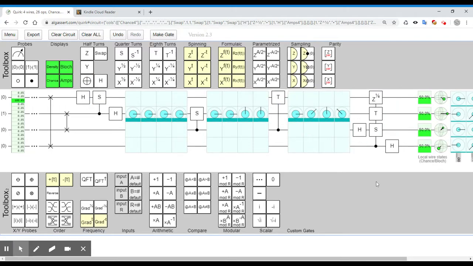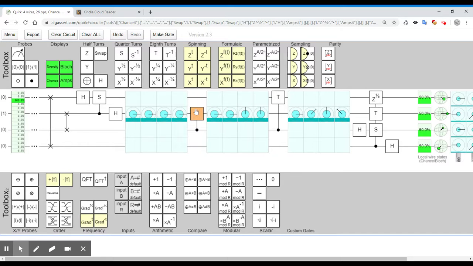A T is like a half of a quarter, so it's like an 8. And so you're doing it for, sorry, it's just confusing me because of the swaps, but those things are just affecting the two particular wires.